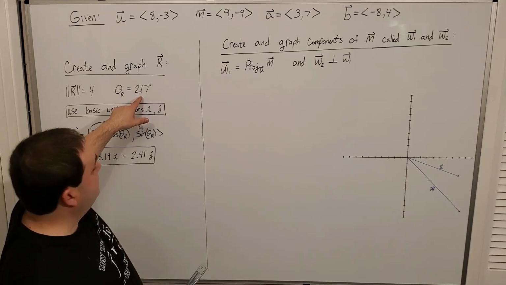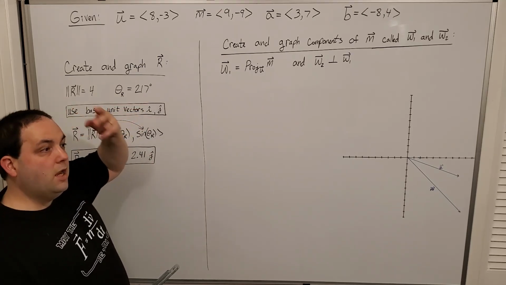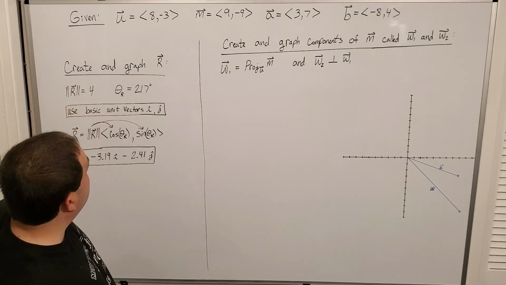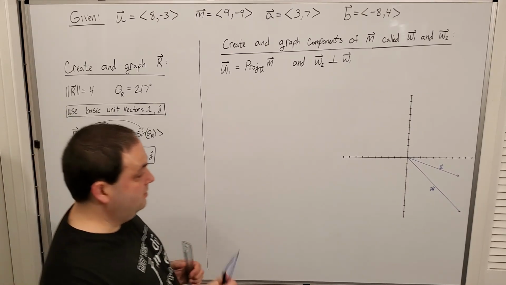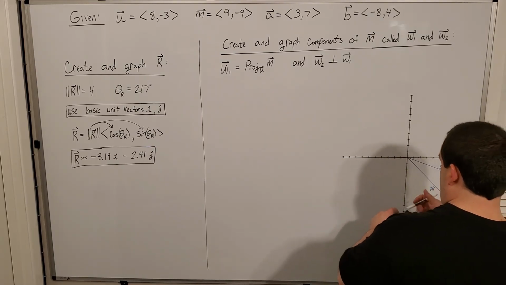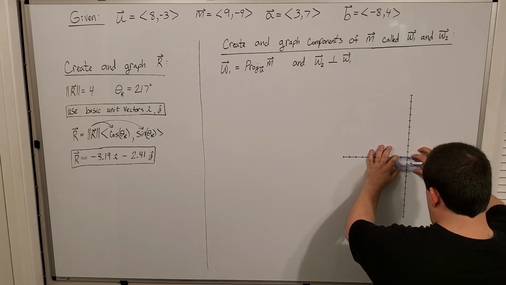Theta r is in quadrant 3. So I'm just going to do the 217 minus 180 sort of mentally, right? That's going to be 37 degrees that I would have to measure on this. Okay, so 37-degree angle upside down here.